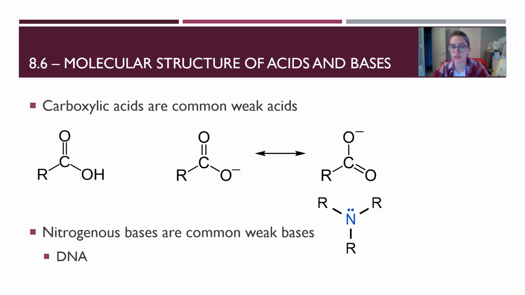Oftentimes they're hydrogens or small carbon pieces. In DNA, you'll see nitrogenous bases. The key with this is that lone pair of electrons. That lone pair can bond with a hydrogen to form a positive charge on the nitrogen, and that's what gives it its base form.